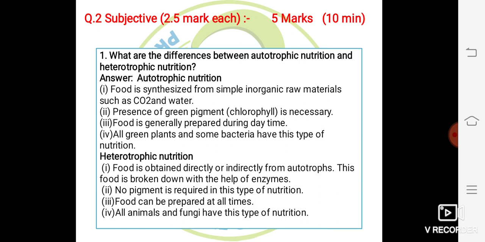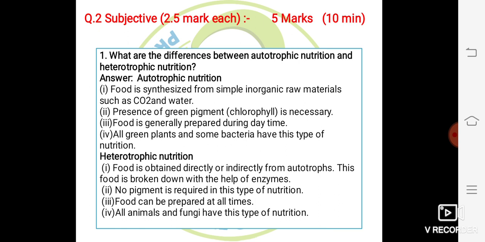Autotrophic nutrition, my dear children, is when food is synthesized from simple inorganic raw materials such as carbon dioxide and water. In the presence of the green pigment, chlorophyll, which is necessary. The food is generally prepared during the daytime, and all green plants and some bacteria have this type of nutrition. So this was about autotrophic nutrition.